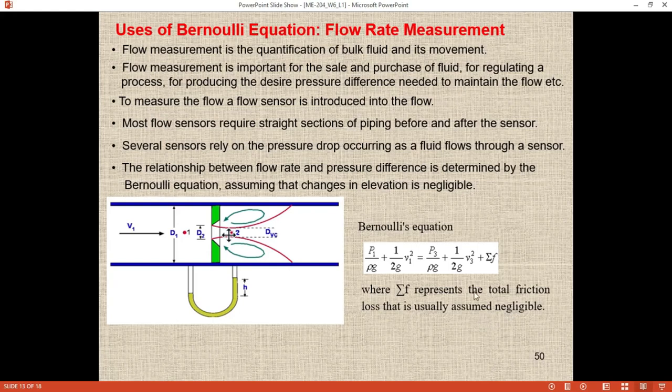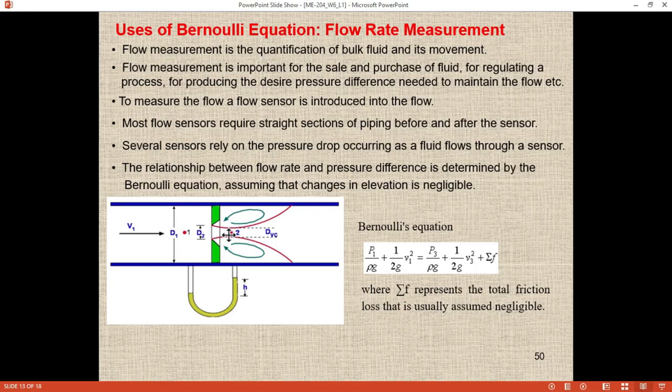If we are dealing with ideal fluids, this sigma f is 0, but if we are dealing with an actual fluid, it will not be equal to 0. That means the total energy at point 1 will not be equal to the total energy at point 2 unless we add these losses. Whenever the fluid enters from the open area to the shorter area, because of the smaller area the friction will increase and heat will generate.